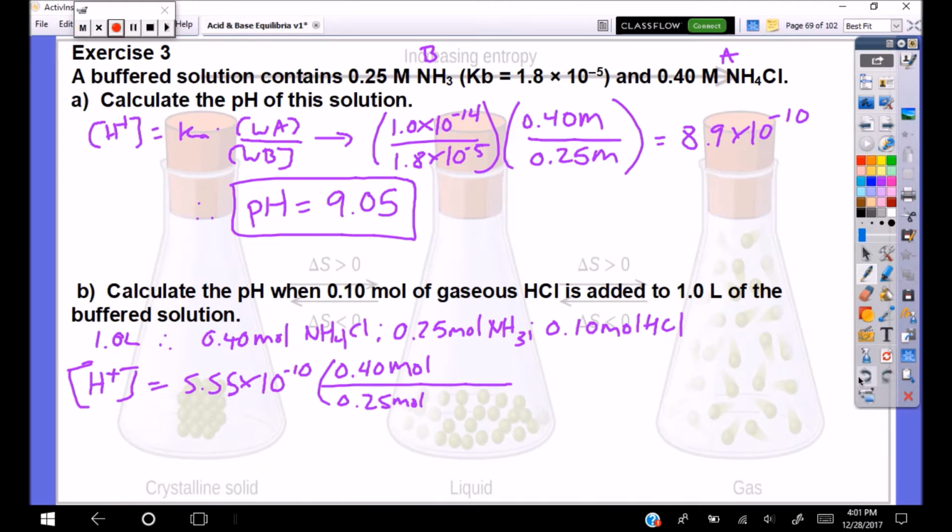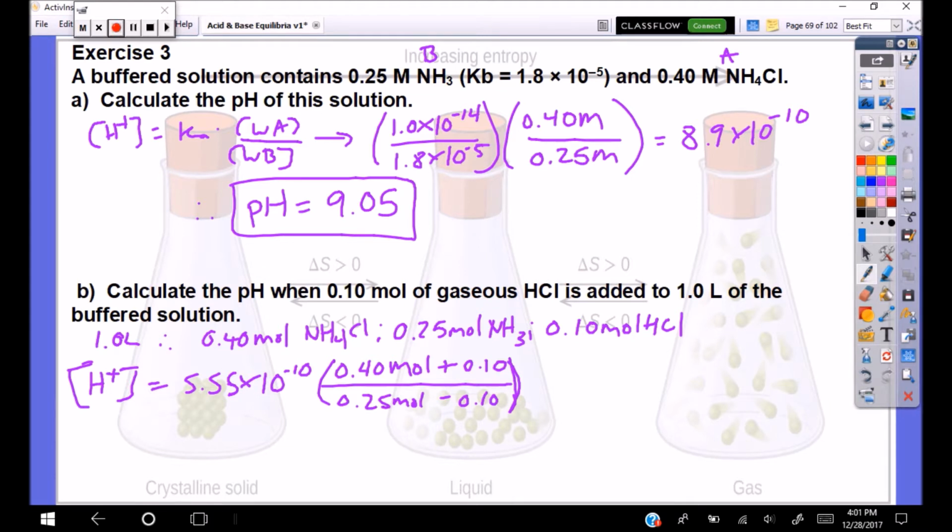Alright, and I gotta figure out my direction this time. Again, what am I doing? I am adding acid, therefore I'm becoming more acidic. So I'm adding 0.10 to the top, and I'm subtracting 0.1 from the bottom. Okay?